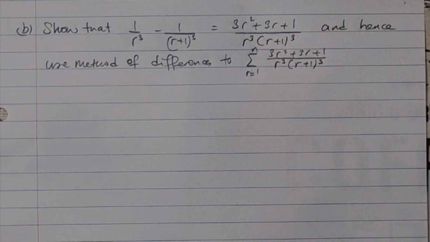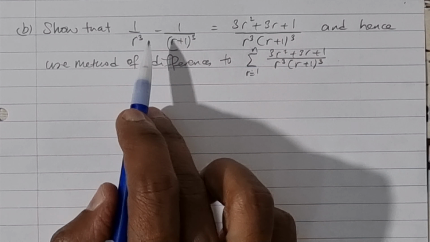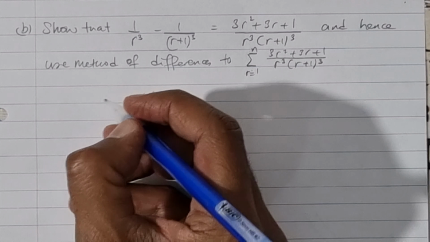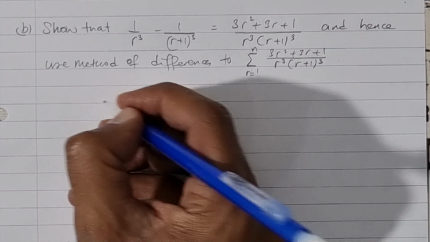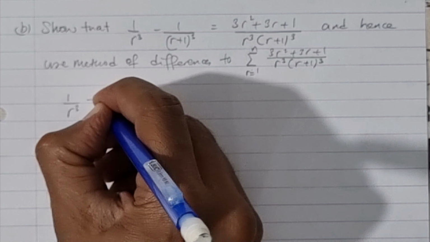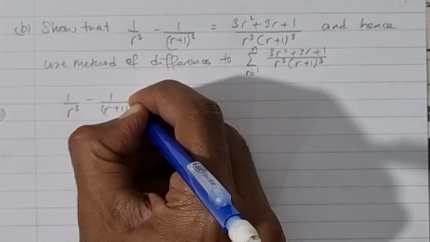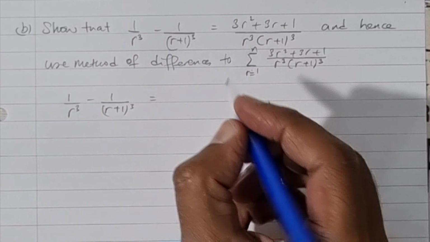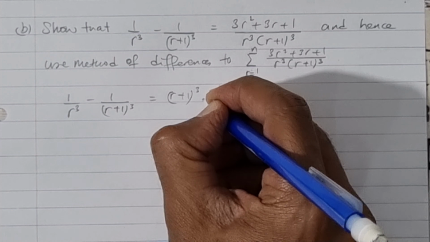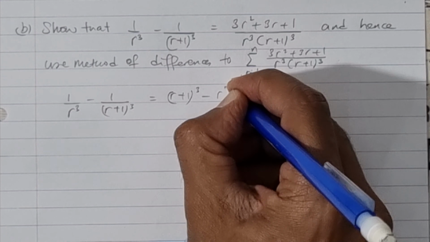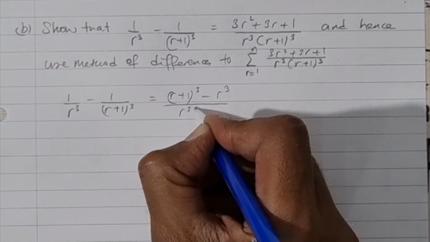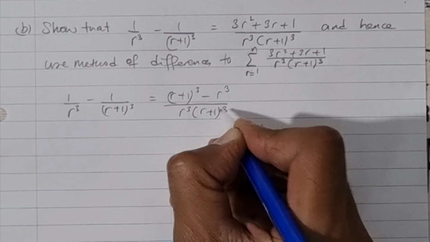So for part B of the question, I need to show that 1 over r cubed minus 1 over r plus 1 to the cube is equal to all of that. So what we're going to do, we're just going to cross multiply this. Taking the left hand side, it is going to be equal to r plus 1 to the cube minus r to the cube, and then all of that divided by r to the cube into r plus 1 to the cube.